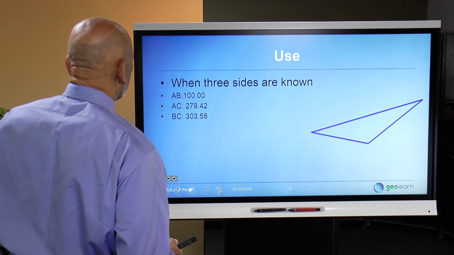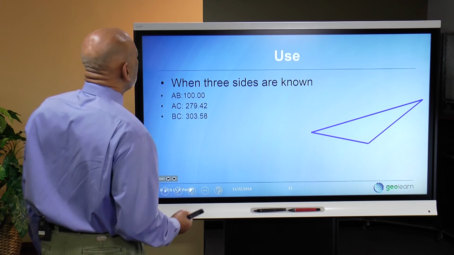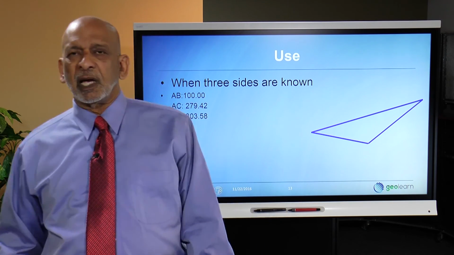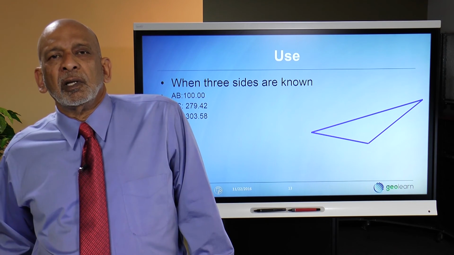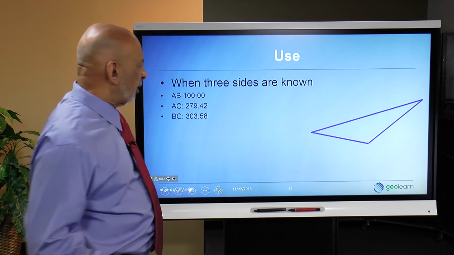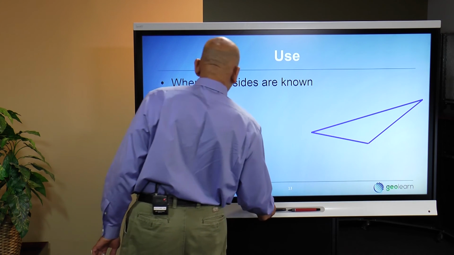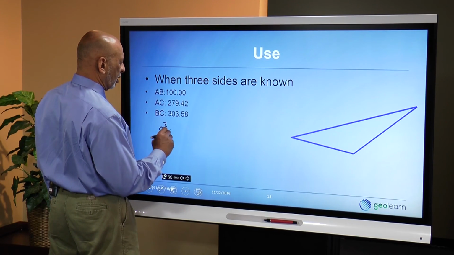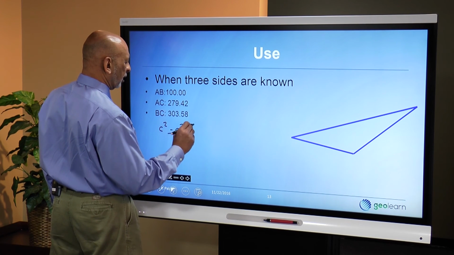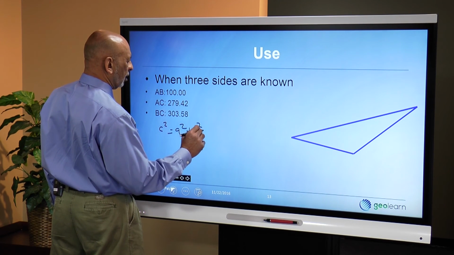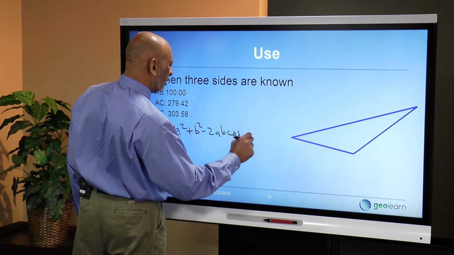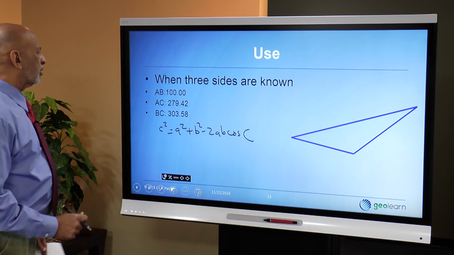The other way you can use the law of cosines is when the 3 sides of a triangle are known. And when 3 sides of a triangle are known, you have to use the equation a little bit differently, because if you remember what the law of cosines is, it says c squared equals a squared plus b squared minus 2ab cosine of angle C. Well, in this case, what are we going to do?